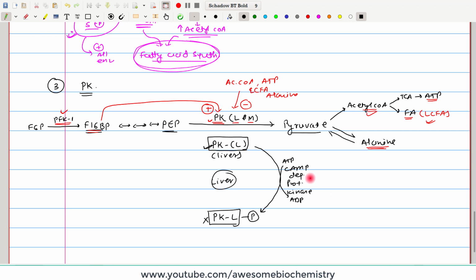Now, this is getting stimulated by cyclic AMP, and this cyclic AMP, as we had discussed earlier, its synthesis increases in the presence of glucagon. So, whenever glucagon is high, this pyruvate kinase undergoes phosphorylation, and so glycolysis is inhibited. Okay. But where is it inhibited? It is inhibited only in the liver, remember, not in the muscle.